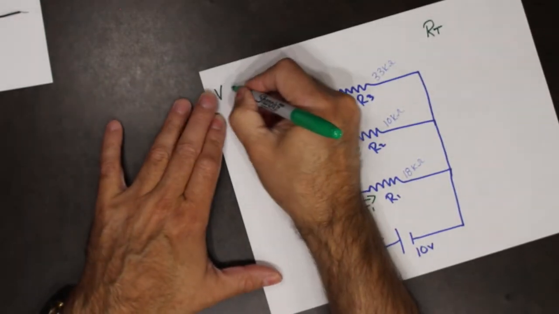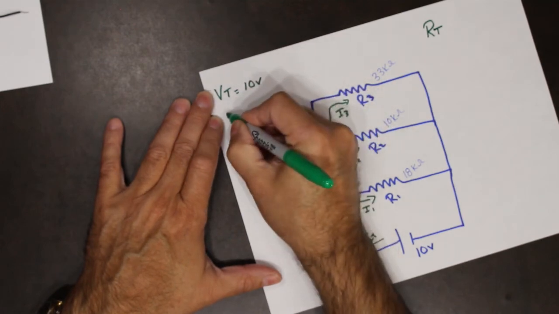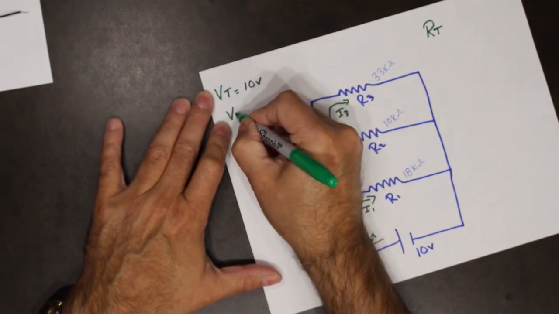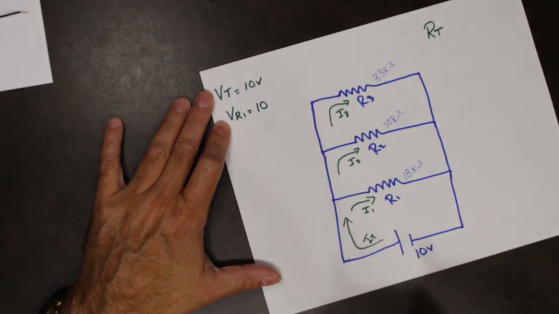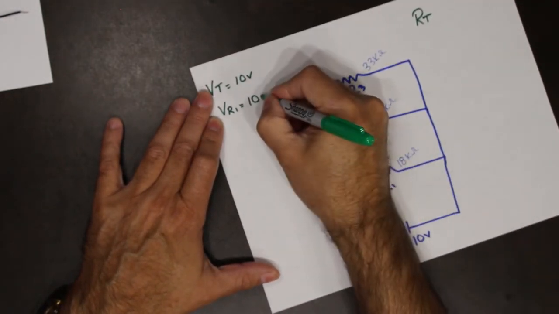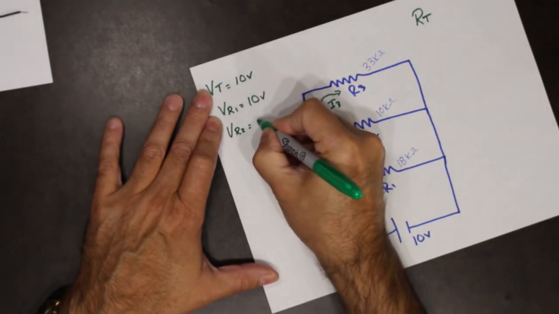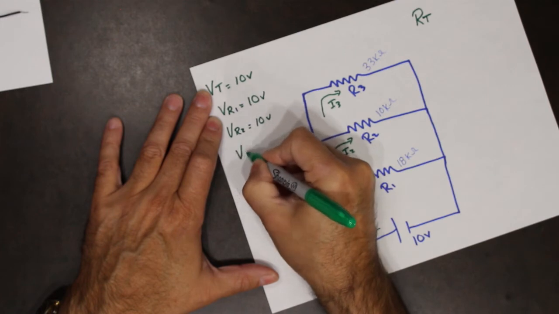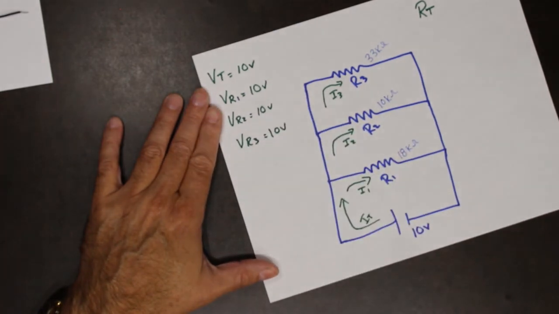So we do know that the voltage total is equal to 10 volts. We know that the voltage across R1 is equal to 10 volts. Why do we know that? Because they're in parallel. They share the same voltage. Voltage across R2 is 10 volts. Voltage across R3 is 10 volts.